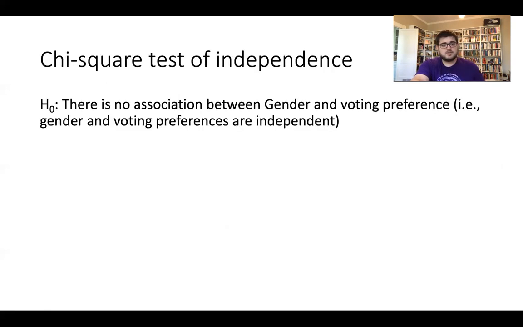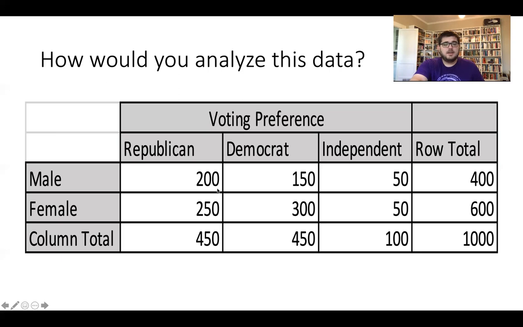And what a chi-square test of independence is doing is it's basically asking, is there some sort of over-representation or under-representation in any of these categories? So we have the column totals, the total number of Republican, Democrat, and Independents when you ignore male versus female.